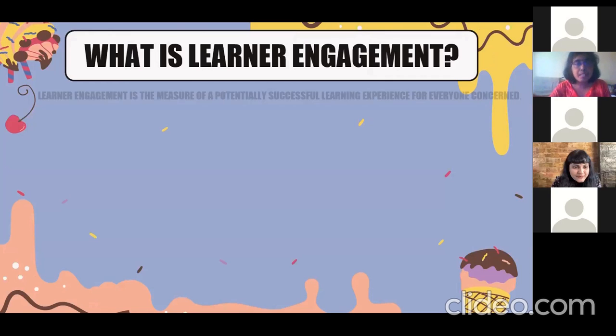Learner engagement is the measure of a potentially successful learning experience for everyone concerned. As teachers, we need to find out whether the learners are experiencing this successful learning experience.